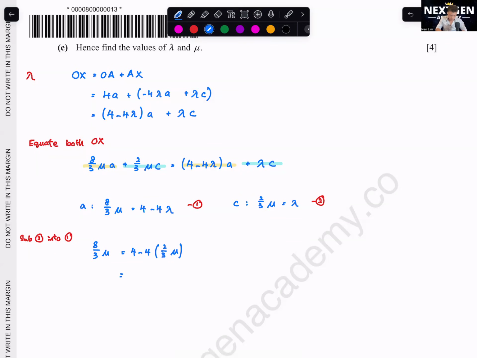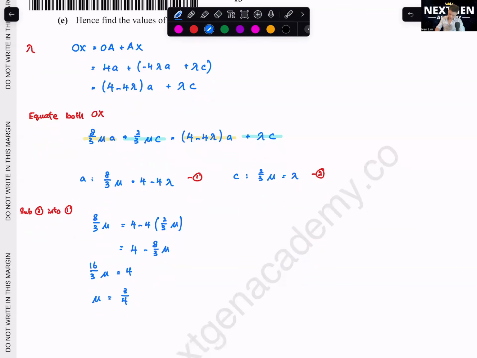This will be 4 times 2 over 3, so 4 minus 8 over 3 mu, and 8 over 3 plus 8 over 3 gives 16 over 3 mu equals 4. 4 times 3 over 16, we get mu equals 3 over 4.